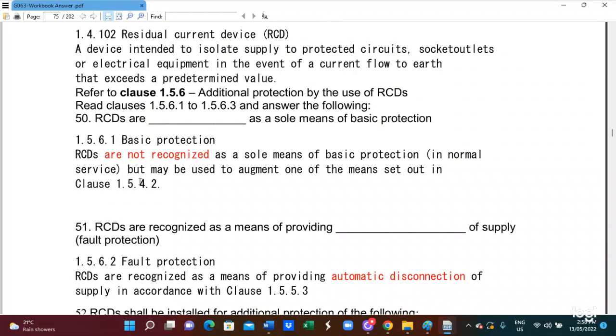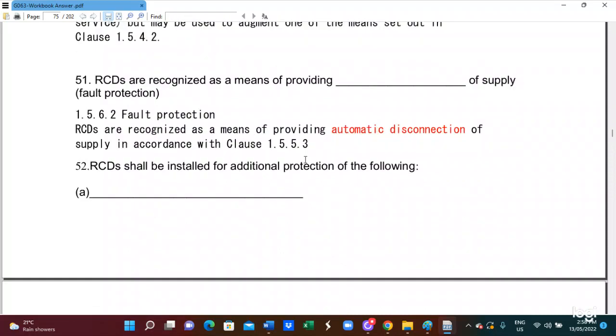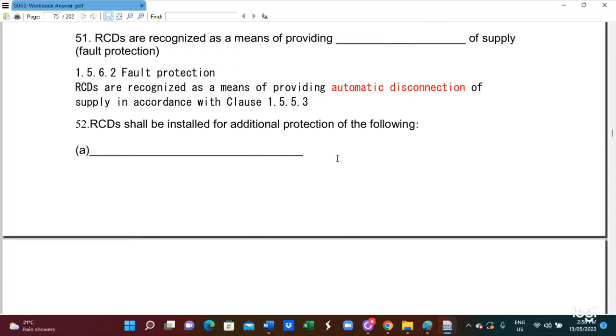And basic protection: RCDs are not recognized as a means of basic protection. So RCDs are not a basic protection. RCDs are recognized as a means of providing automatic disconnection of supply, which is also important. This is in accordance with clause 1.5.5.3.